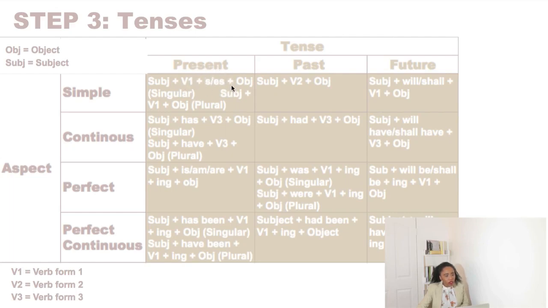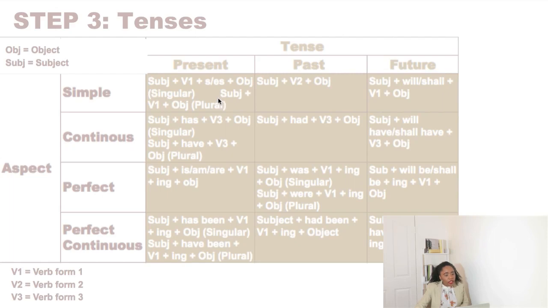So this is the verb form. Following that, you have your object. So that would be the singular format. And in plural format, which is more than one, two or more to be precise, you have your subject, and then you have your verb in its first form, and then your object.